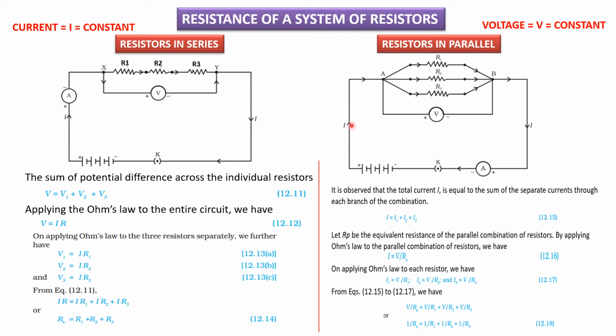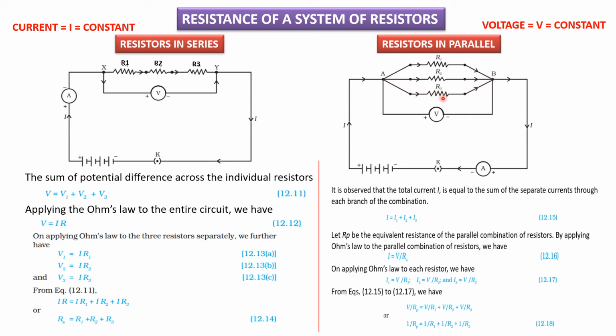Hope it is clear. Coming to resistors in parallel, you can see here R1, R2, R3, connected in a different arrangement. The wire is extended, R1 is connected, and here R2 is connected like this, and R3 is connected like this.